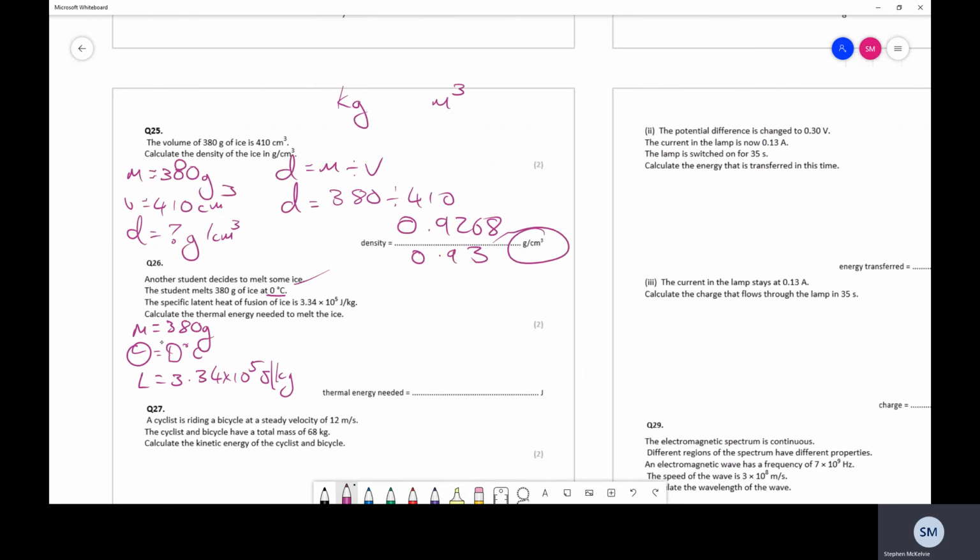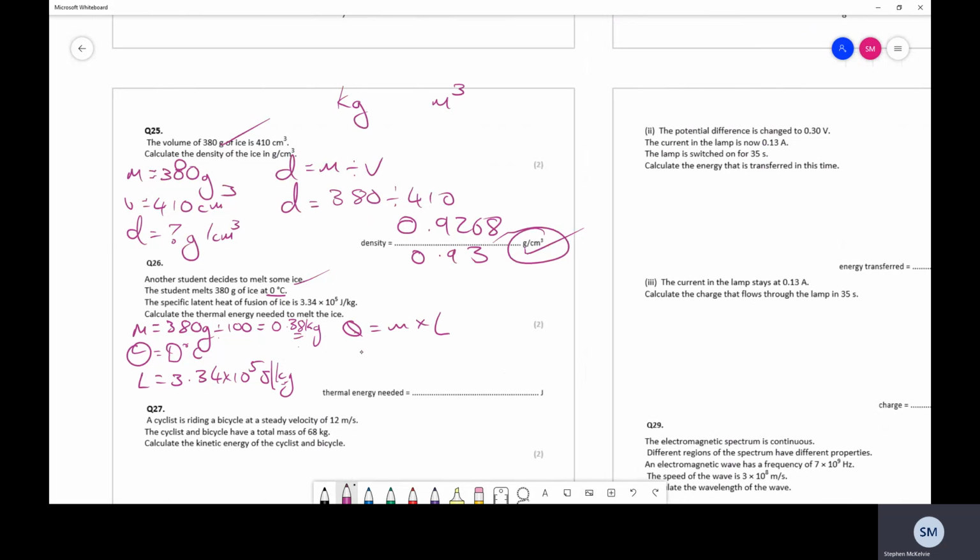Now, we see 380 grams here. Up here, it was okay because the unit wanted it in grams, but I'm going to have to divide that by 1,000 to make 0.38 kilograms for this particular one, because kilograms is given in the units. The kilograms is what we need to supply. The equation is Q is equal to M times L, mass times specific latent heat of fusion.